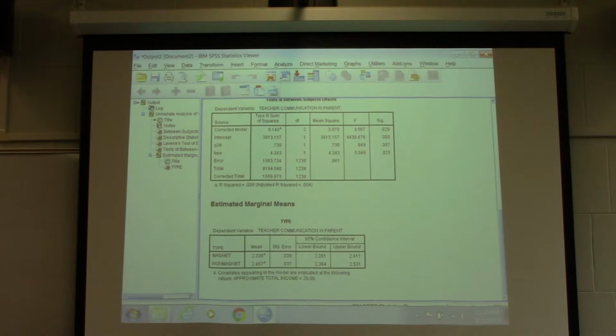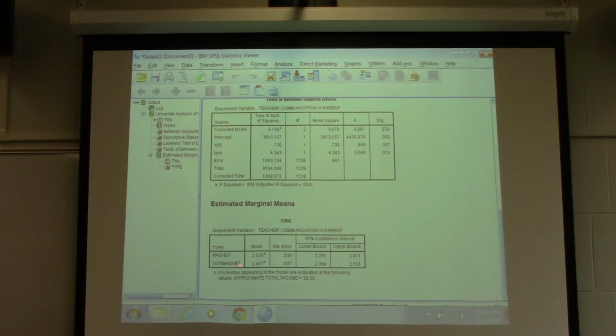Earlier, I said we're not comparing those means at the top. Those aren't adjusted. The means that are actually getting compared in this test are adjusted means. You'll see an A after each mean as a superscript. That A stands for adjusted. So the adjusted magnet school parent-teacher communication mean is 2.33.